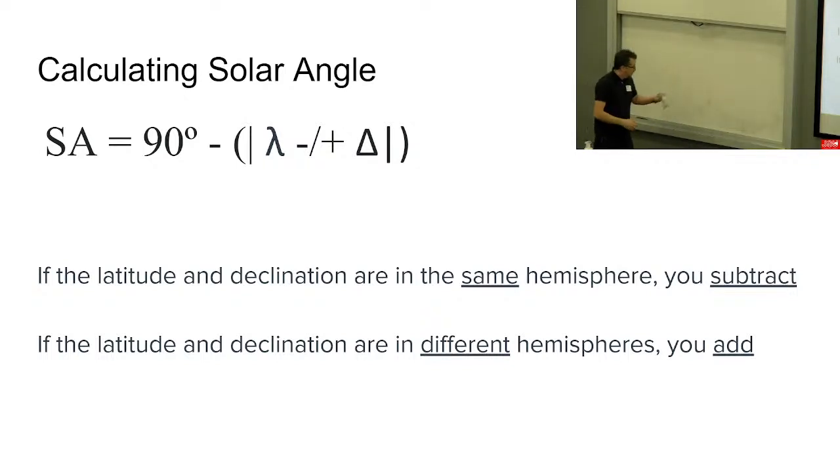All right, students, so solar angle. SA for solar angle equals 90 degrees minus, okay, it's about to go crazy here, minus the absolute value of lambda, plus or minus delta.